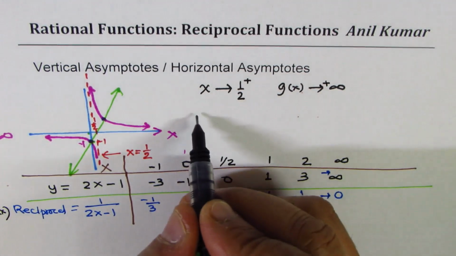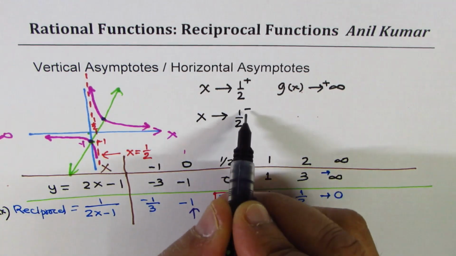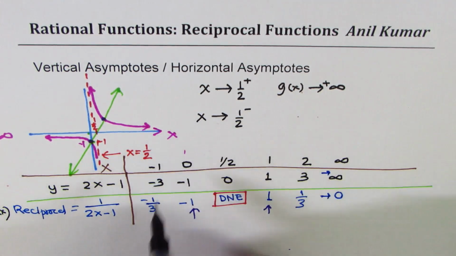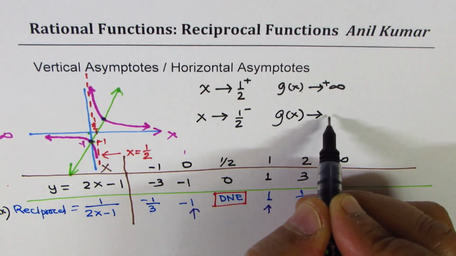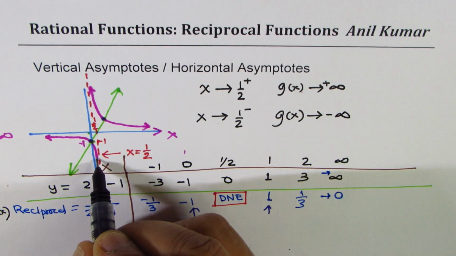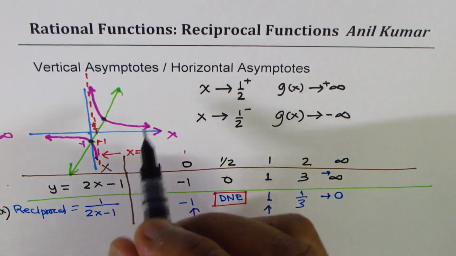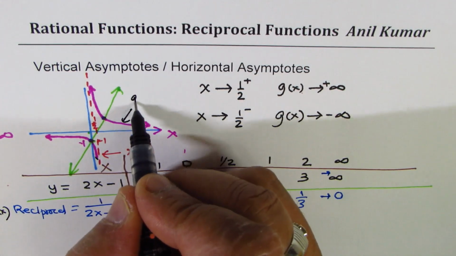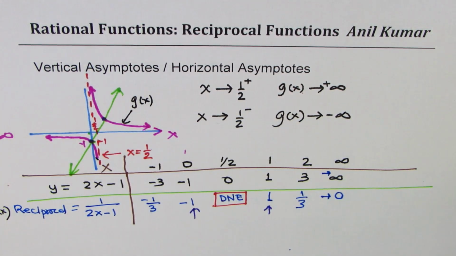However, when you approach x from the left side, we write like this. That negative on the top means approaching from the left side. Then the reciprocal function g of x approaches negative infinity. This is negative infinity. You get the idea, right? So this graph is of g of x, which is reciprocal of the linear function.